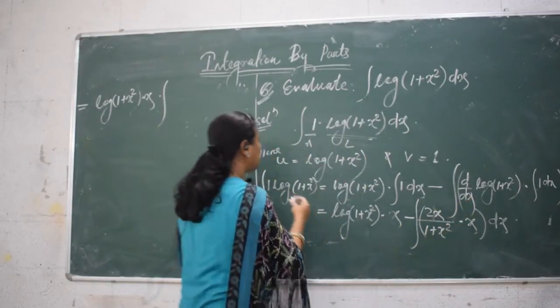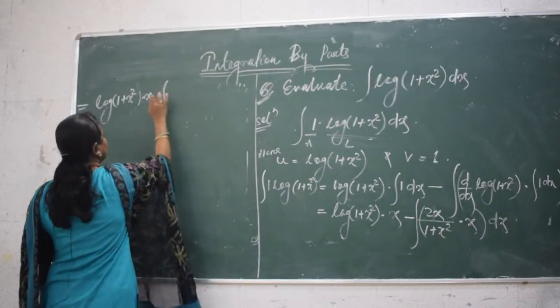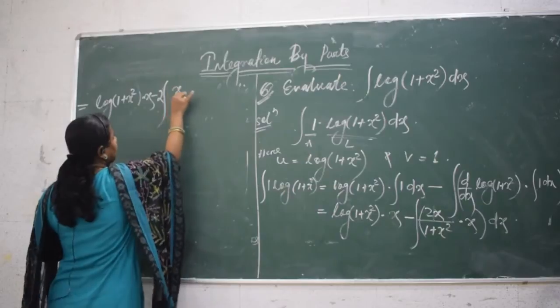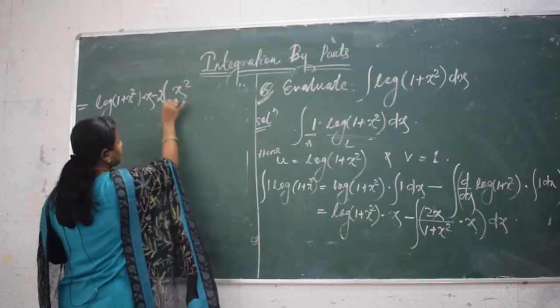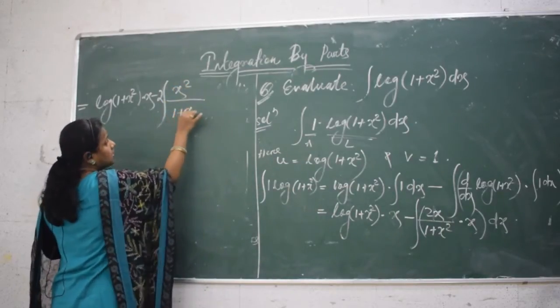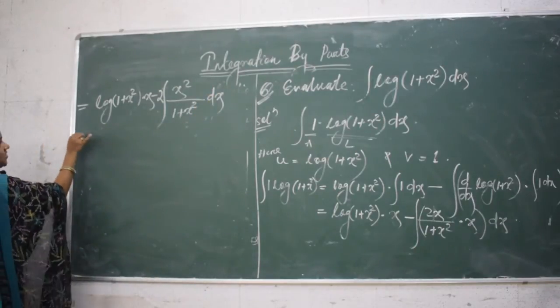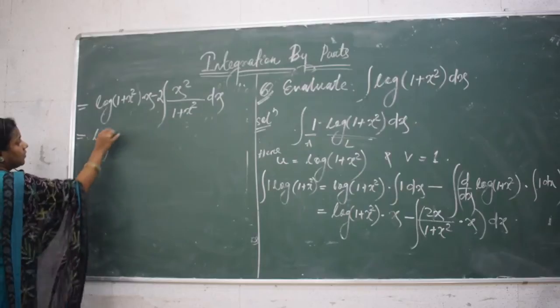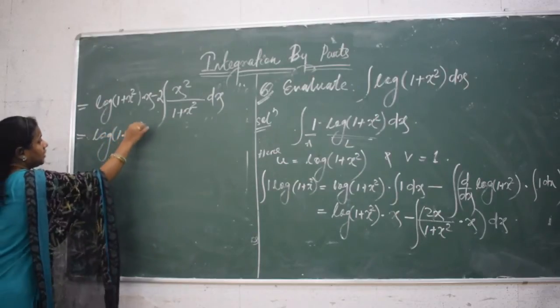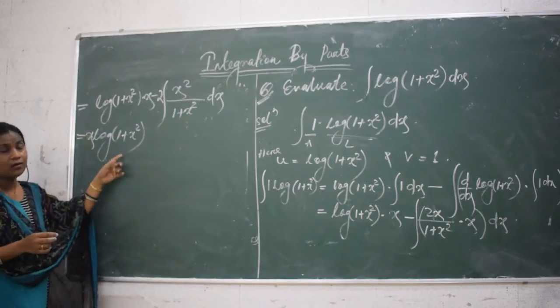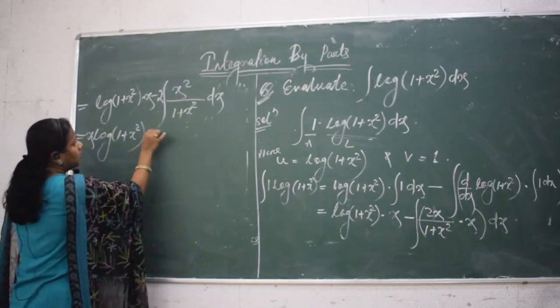If you multiply, 2 is a constant, the minus sign is there, 2 is coming outside, and x into x is x square divided by 1 plus x square dx. So here it is x into log of 1 plus x square minus 2.